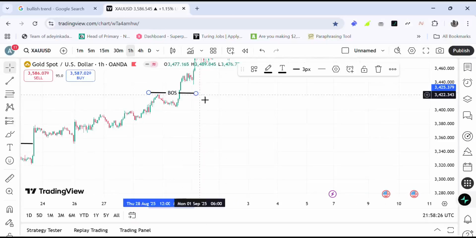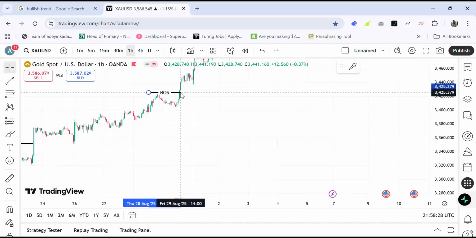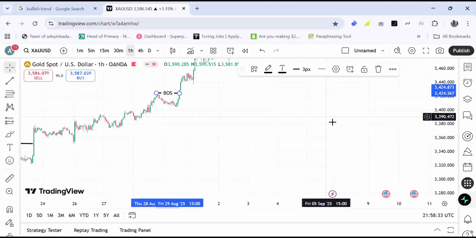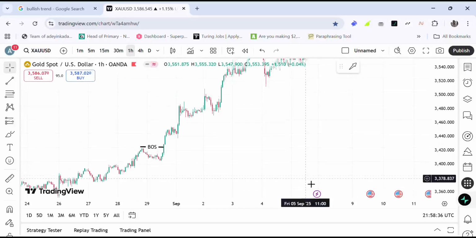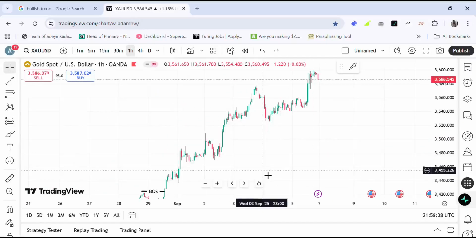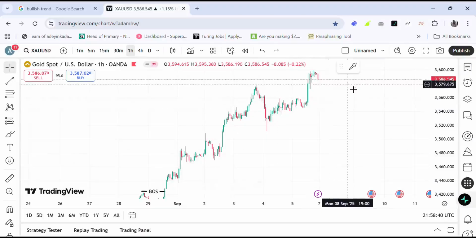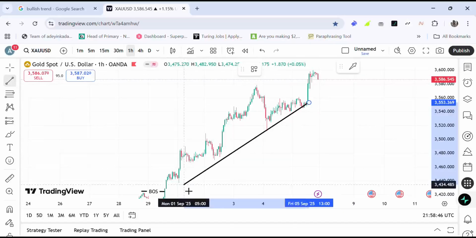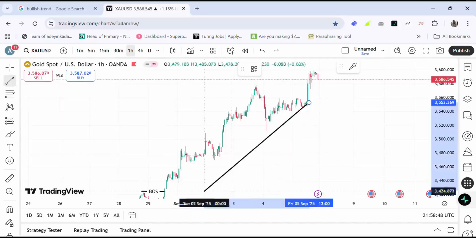So this is another BOS here, which is the break of structure, right? Like that. You could see the market just keep pushing to the upside like that, forming an uptrend. Right now the market is closed.